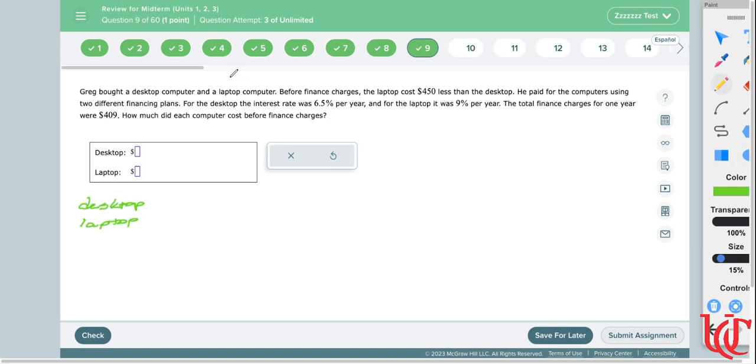And we have the formula interest equals PRT. They are talking for 1 year, so T is 1. So we don't have to worry too much about that. We do know that total finance interest equals interest of the desktop, I'll keep it in the same order, plus interest of the laptop.